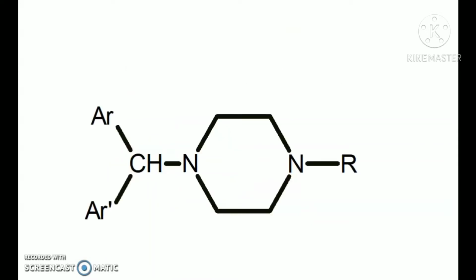So this is the general structure of cyclizine derivatives. If you recollect the general structure of antihistamines, there is a connecting atom X. Here in this case the connecting atom X is CHN. The nitrogen atom is a connecting atom that links to the second nitrogen atom through an ethylene chain.